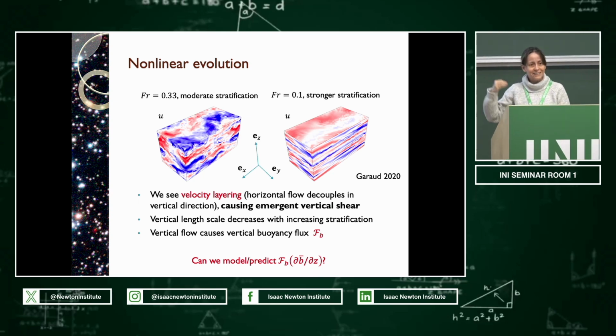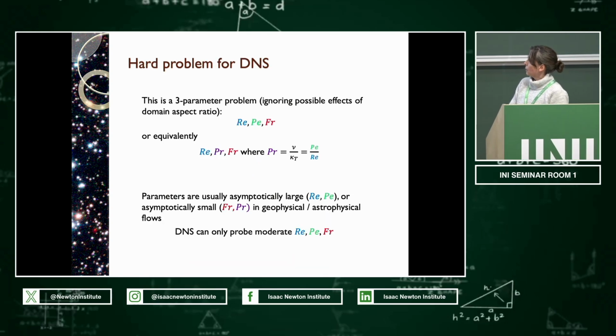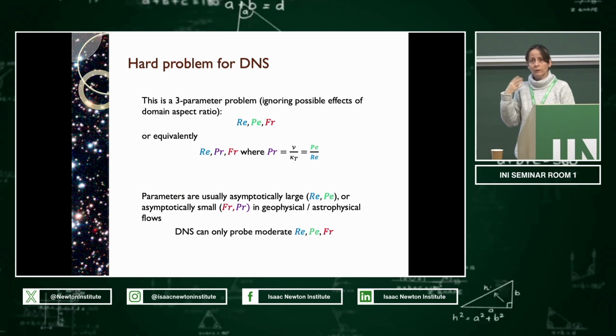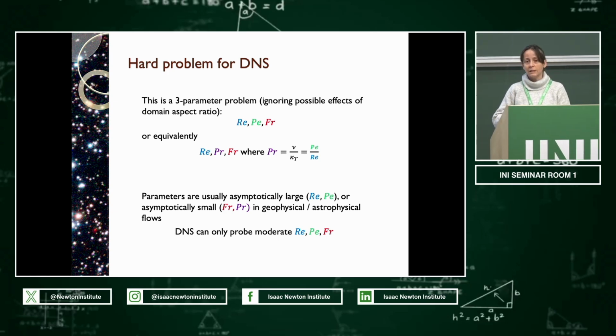So the question I want to ask is really, can we predict this buoyancy flux? It's a really hard problem for DNS, especially when you have in mind applications to oceanography, atmospheric sciences, or planetary sciences, because the Reynolds number and the Prandtl number are typically asymptotically very large. And the Froude number, by contrast, which is a measure of the stratification, is asymptotically small.